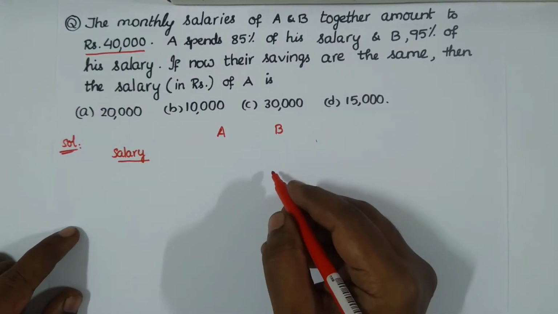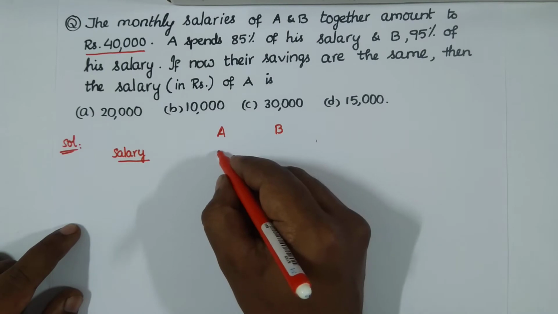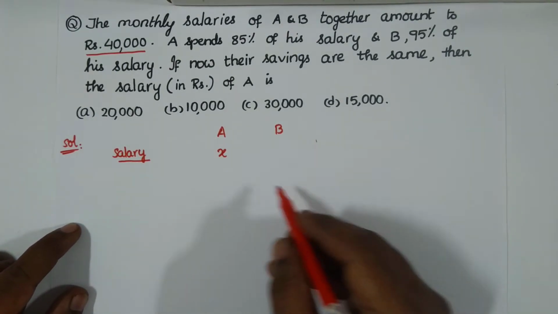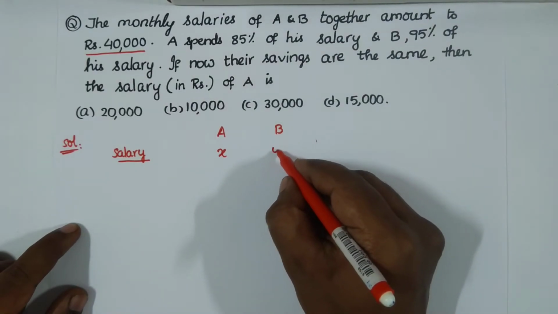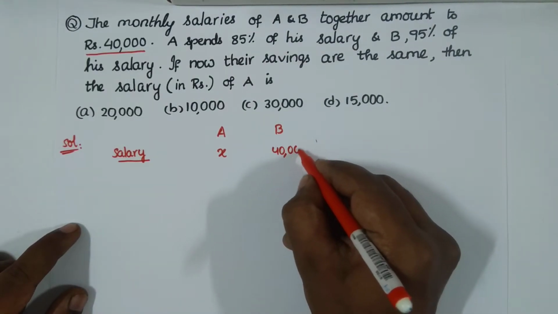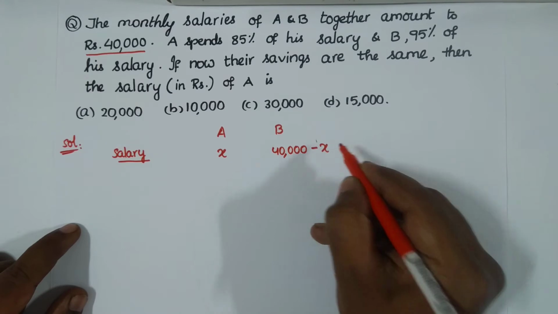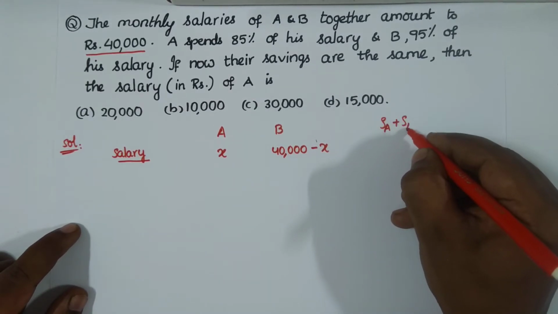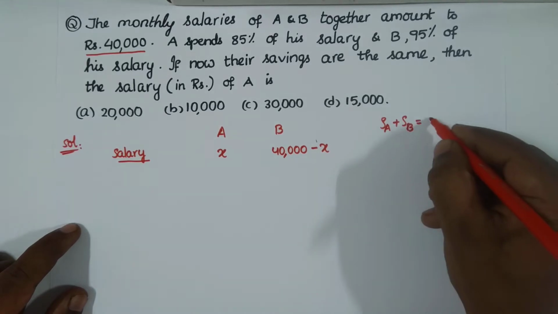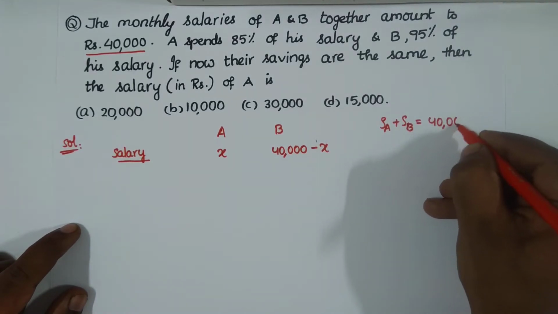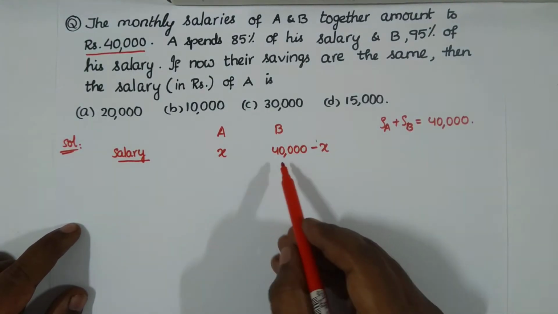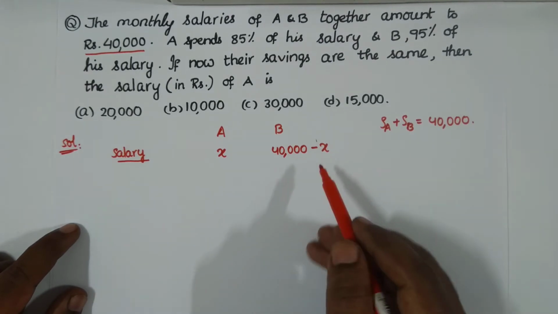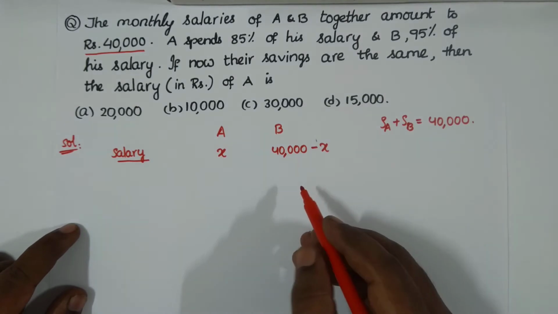Let the salary of A be some X rupees, and now the salary of B is 40,000 minus X, because it's given that salary of A plus salary of B is equal to 40,000. So 40,000 minus X plus X equals 40,000.